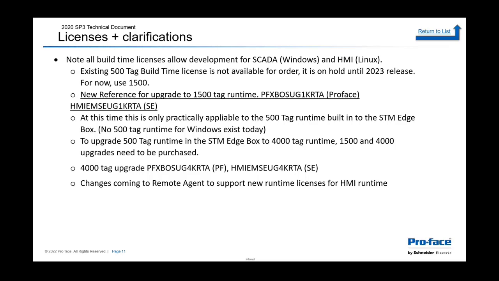There is an existing part number for a 500 tag build time license. It's currently not available for order. We had some snafus between us and Aveva. So that's on hold until the 2023 release, which obviously will be next year. So for now, the lowest build time count we have is 1,500 tags.